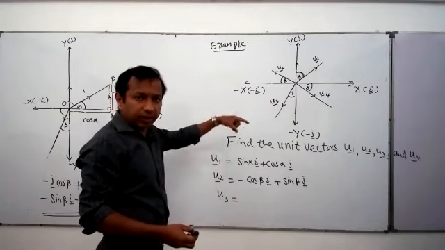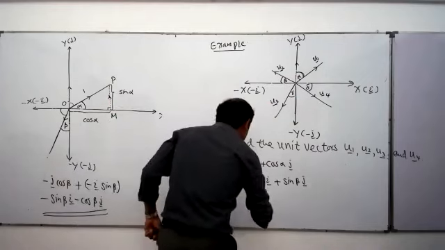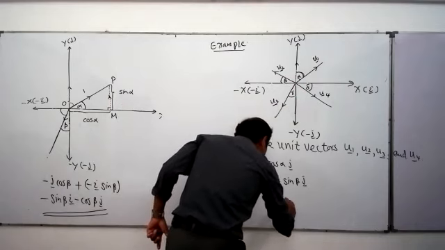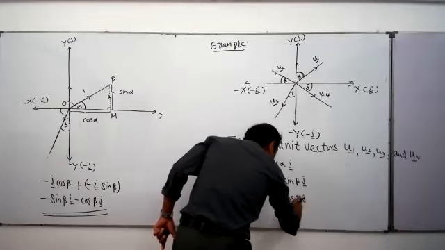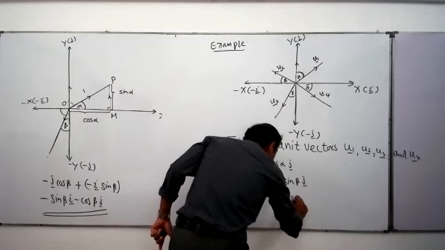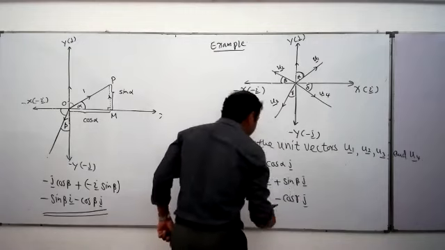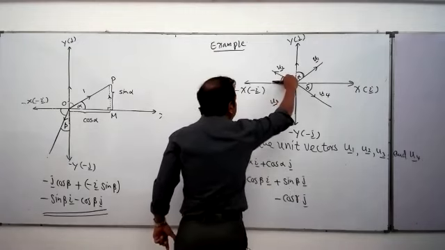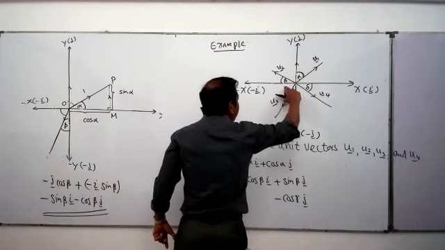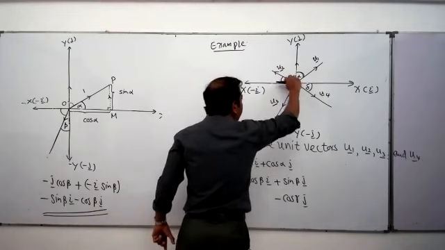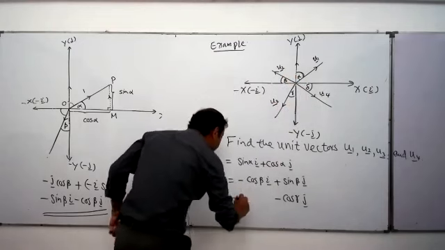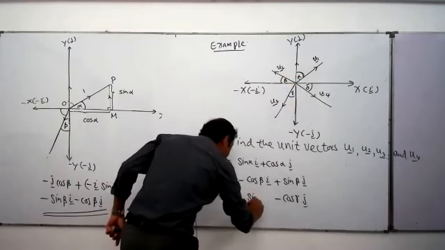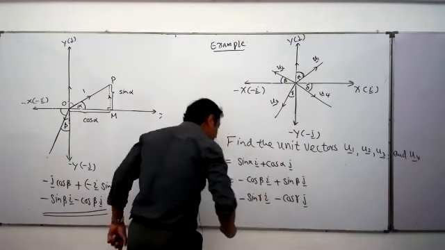The other is sine. Minus j cos gamma means minus cos gamma times j. And here, minus i. Here we don't have an angle, but the angle is here. Then what is that? Minus i sine gamma, that is minus sine gamma times i.